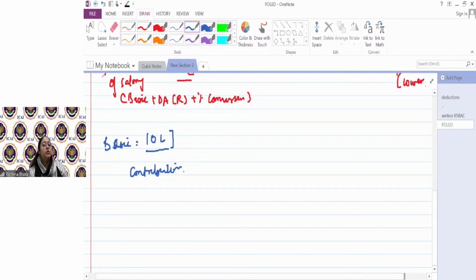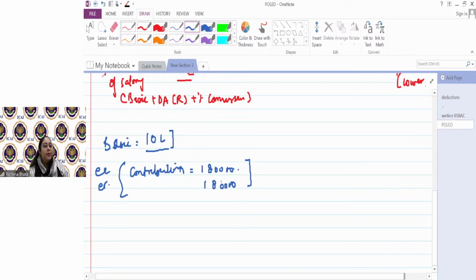He makes a contribution to NPS of, say, 1,80,000. And employer also makes a contribution of 1,80,000. Employee's, employer's. Okay?